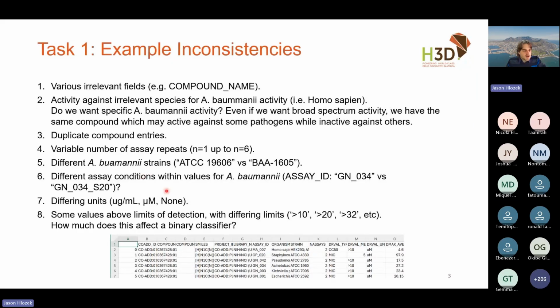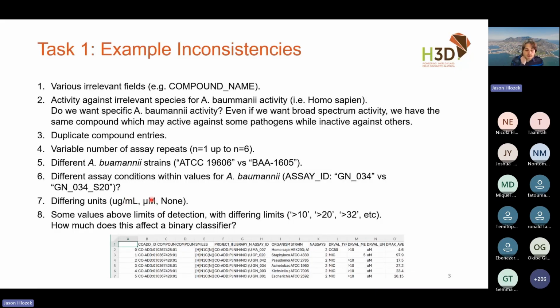A big one: if I sorted by the units in my data set, many compounds were measured in micromolar, but there were some compounds which were measured in an alternate readout, which was micrograms per mole. And these are quite different. This is roughly twice as big as micromolar if you do the conversion.